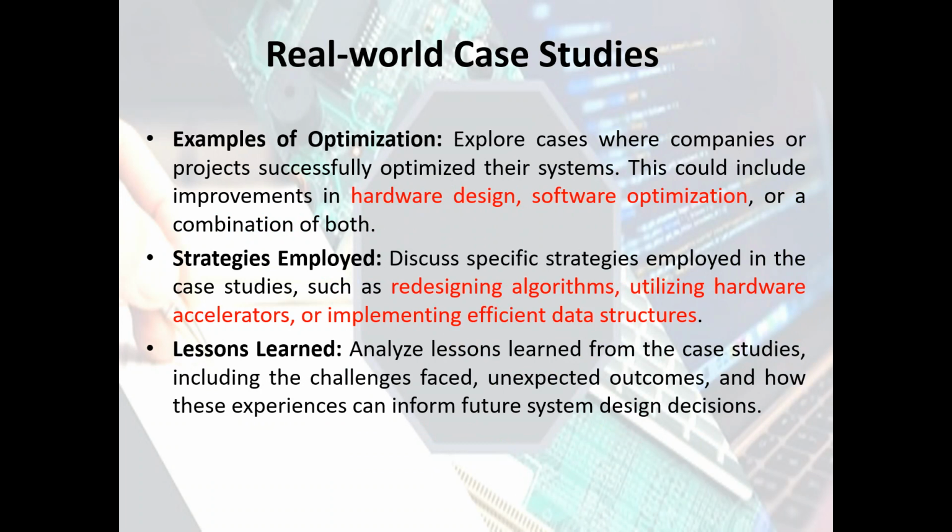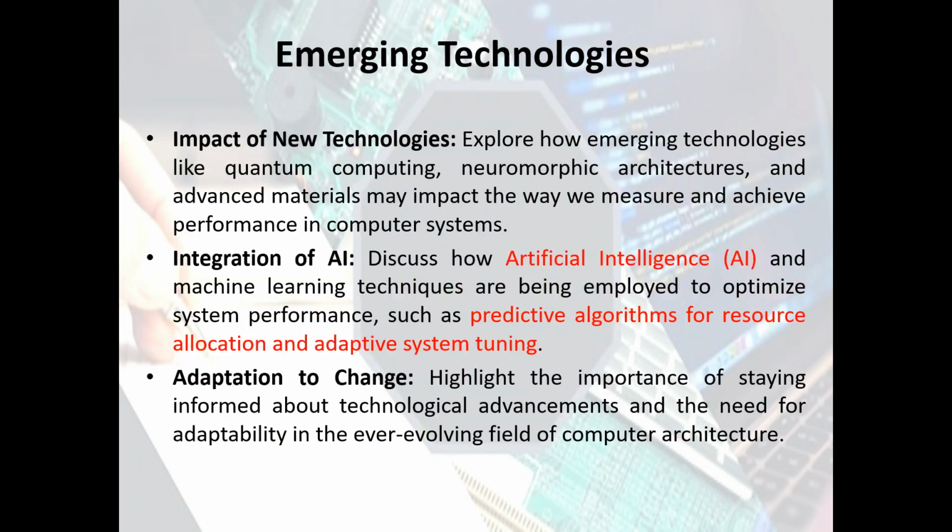We could also discuss specific strategies employed in the case studies such as redesigning algorithms, utilizing hardware accelerators, or implementing efficient data structures. We could also analyze lessons learned from the case studies, including the challenges faced, unexpected outcomes, and how these experiences can inform future system design decisions.